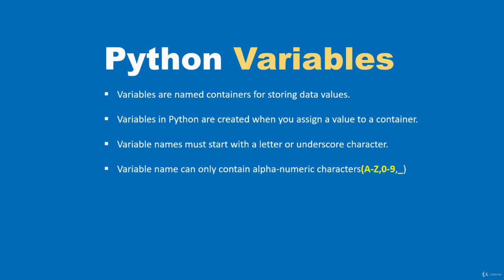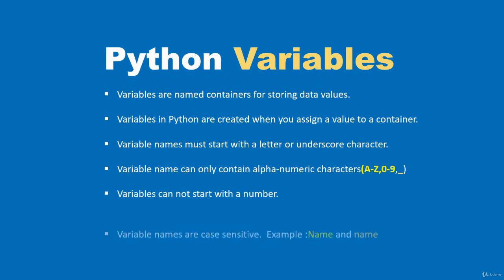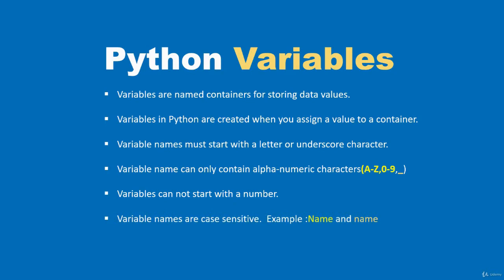A variable name cannot start with a number. Also, variable names are case sensitive. So for example, if you declare a variable called name with uppercase N and you try to access that variable with lowercase n, you will get an error.